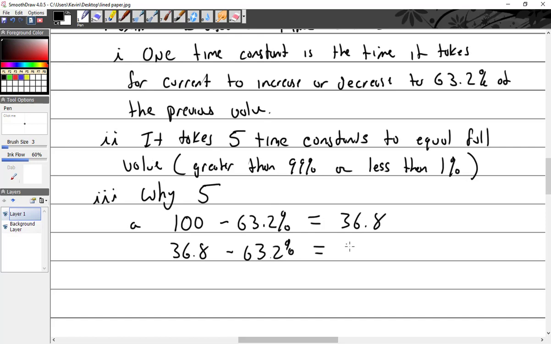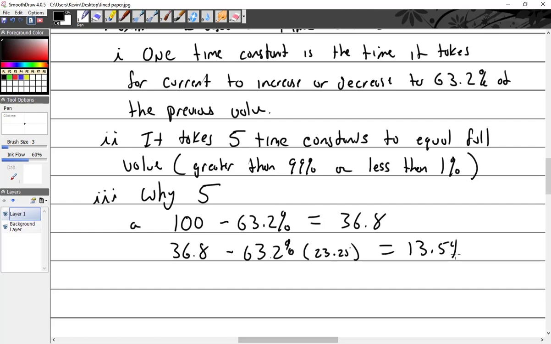Let me try this with the calculator. 36.8 minus 63.2 percent. This number in parentheses is how much we're actually subtracting: 23.25, I'm just going to round. Equals 13.54. Everybody follow me?